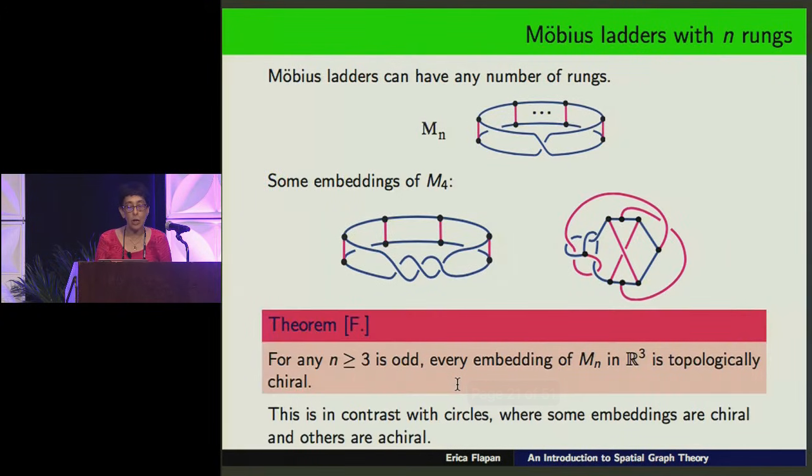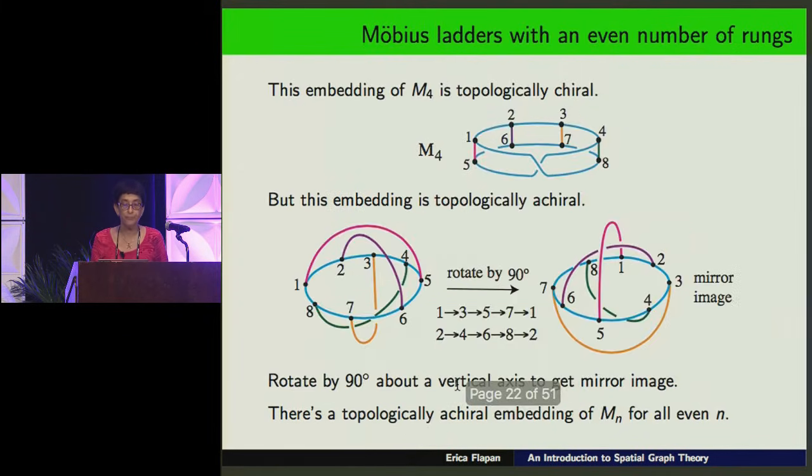So we're saying here that no matter what the n is, as long as it's odd, this is true. Okay, this is in contrast to circles, which can be embedded with a knot or in a planar way, where some of them are chiral and some of them are achiral. So this is an interesting property of Mobius ladders in particular.